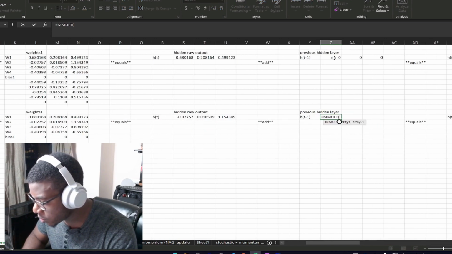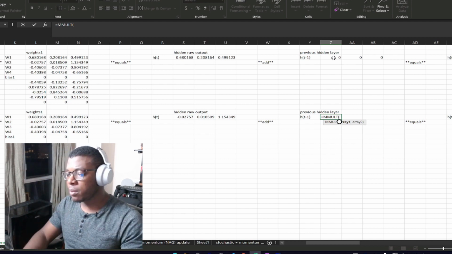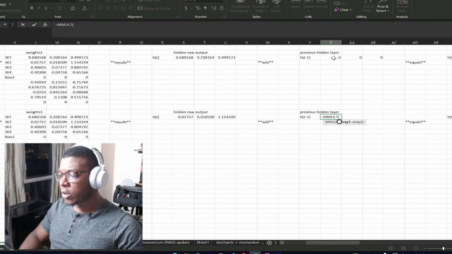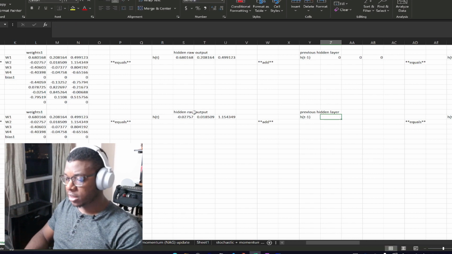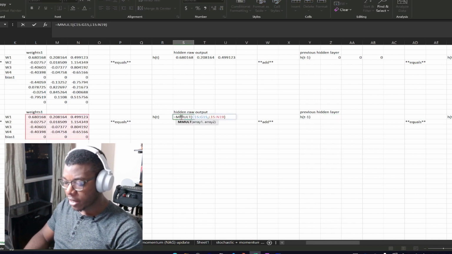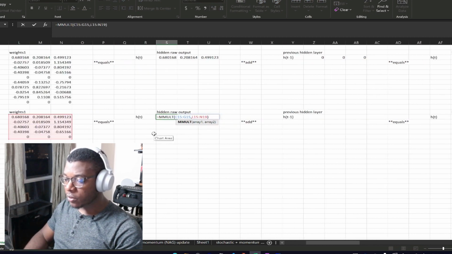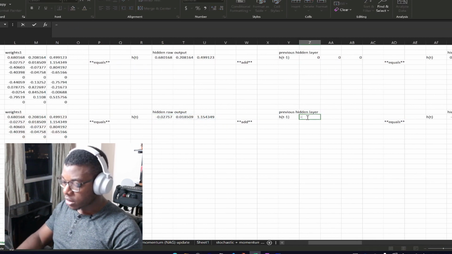So what I'll do is, so this was what my earlier question is. My earlier question is, what do I do with the bias in this case? Because bias is already taken into account in my calculation here. I think we only need bias once, right? So what I will do is I will just multiply whatever's in the previous hidden layer without the bias.